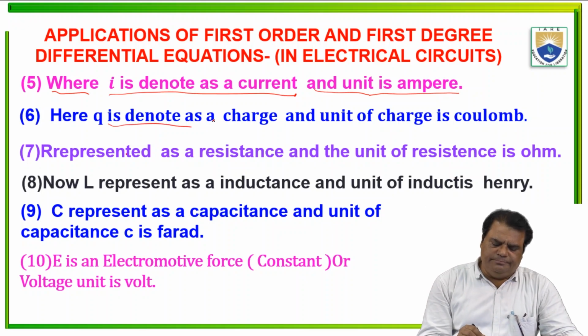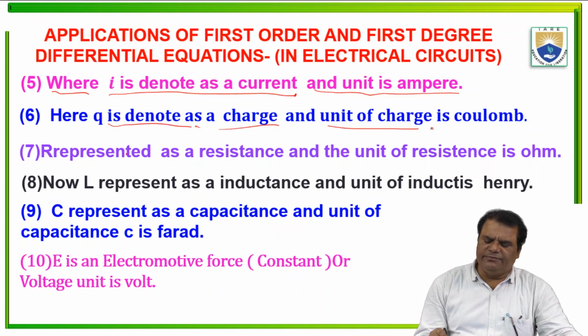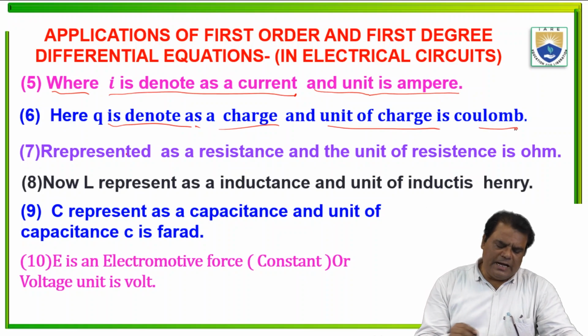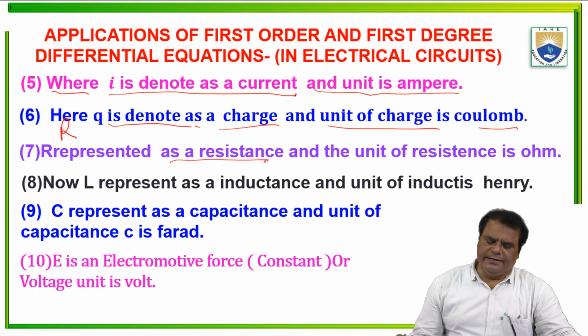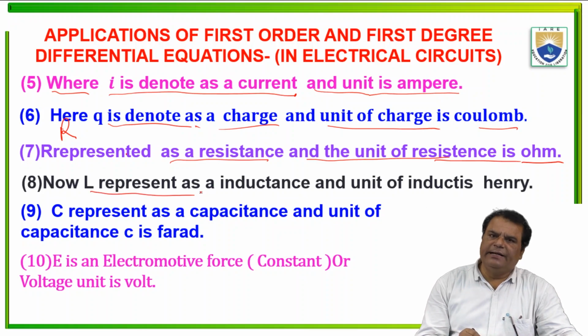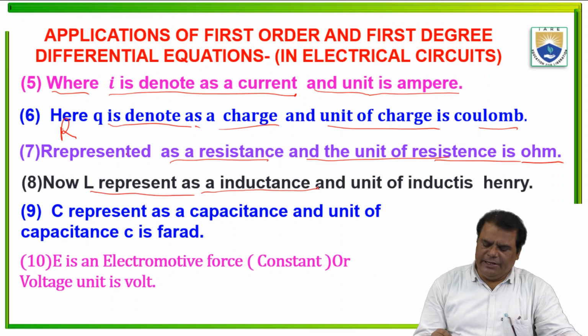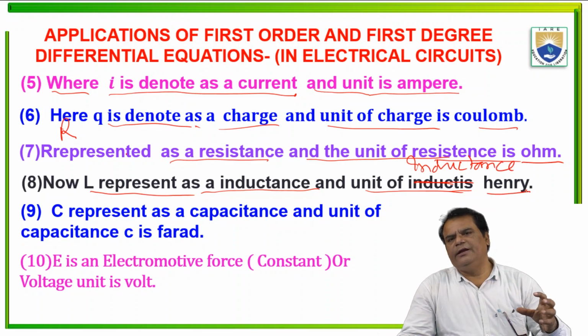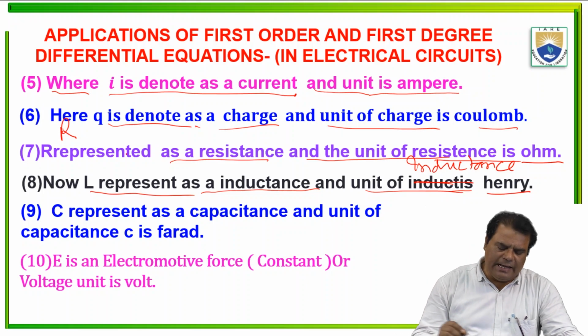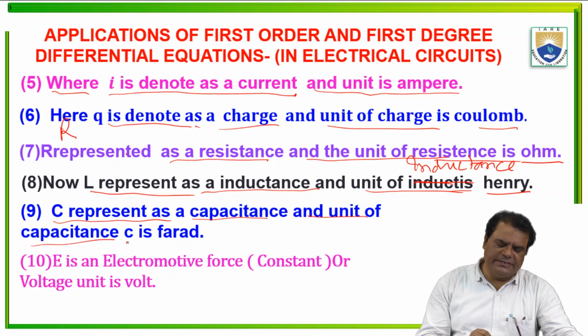Q denotes charge and the unit of charge is coulomb. R represents resistance in our circuit and the unit of resistance is ohm. L represents inductance and the unit of inductance is Henry. At last, C represents capacitance and the unit of capacitance is farad.